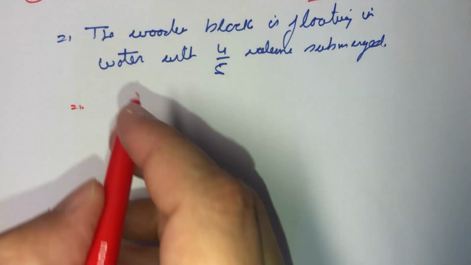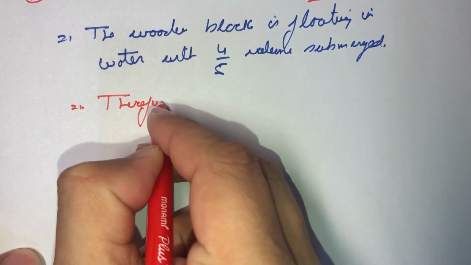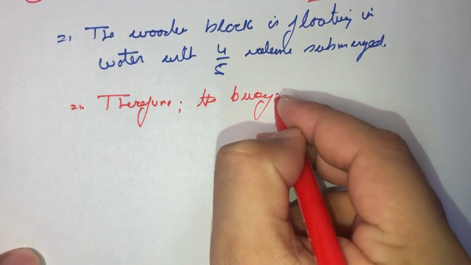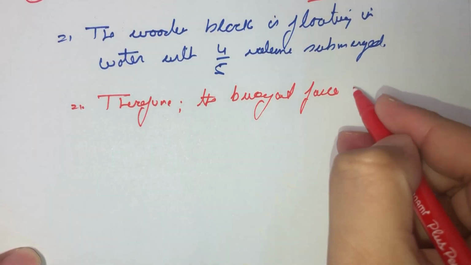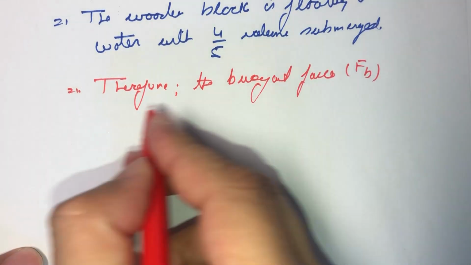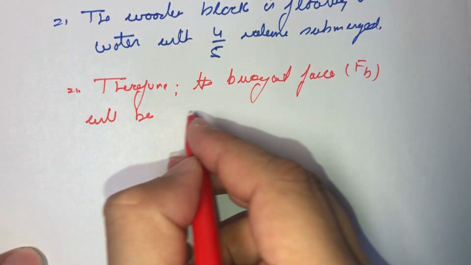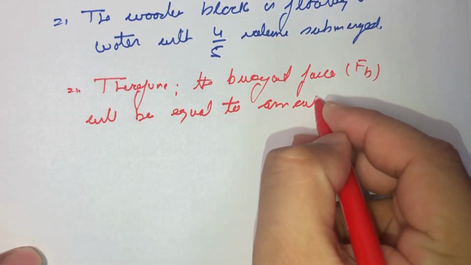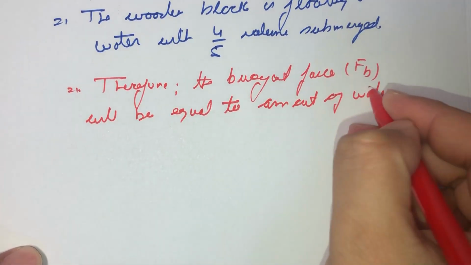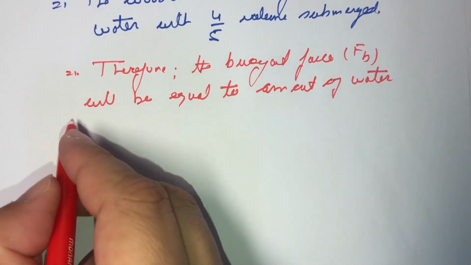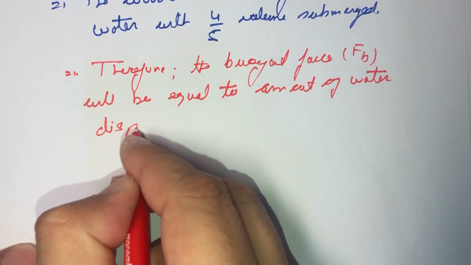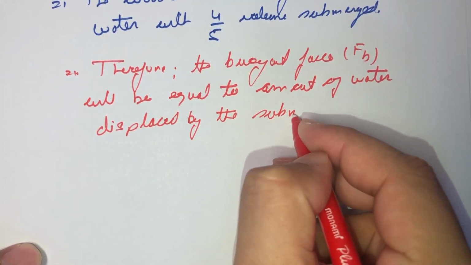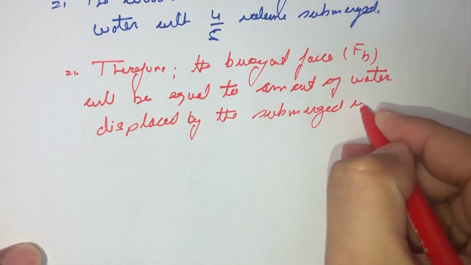So we can say from here, therefore, the buoyant force Fb will be equal to the amount of water displaced by the submerged volume.